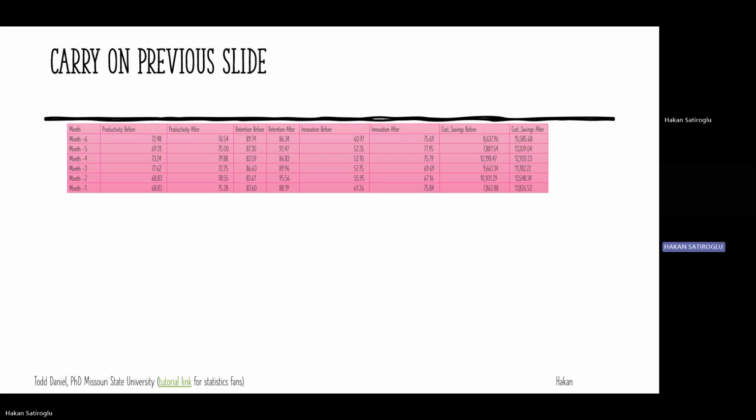On the third and fourth lines, as you can see, there is retention before and retention after. Retention reduced in the first 6 months, and the other one increased. This is kind of mixed. I really wonder what the results of this data analysis will be.